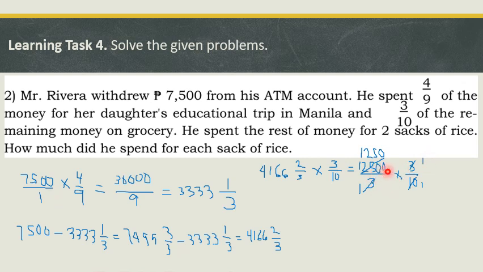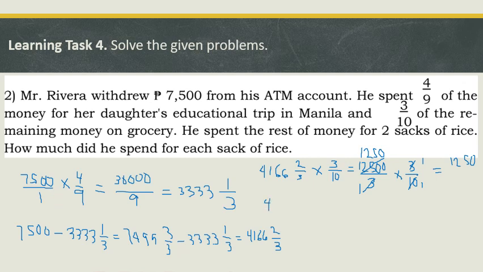Then, ang 12,500 at saka 10, ang common factor nila is 10. So, 10 divided by 10 is 1. 12,500 divided by 10 is 1,250. So, siya na nating i-multiply. So, ang magiging answer natin is 1,250. So, ito po yung ginastos doon sa 4,166 and 2/3.